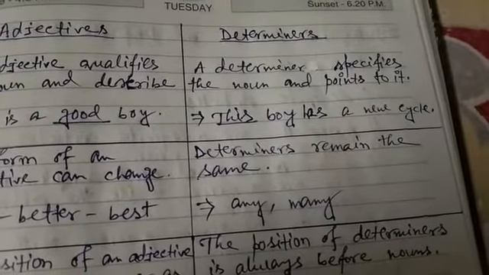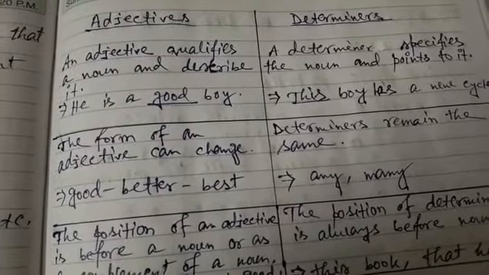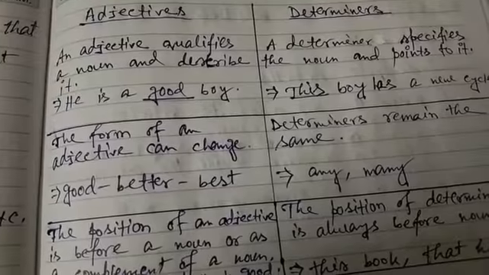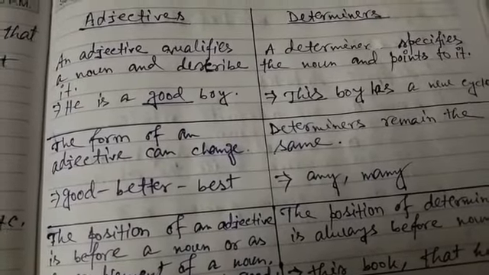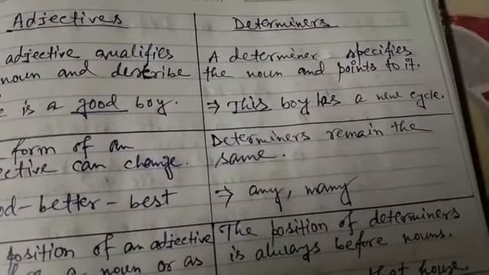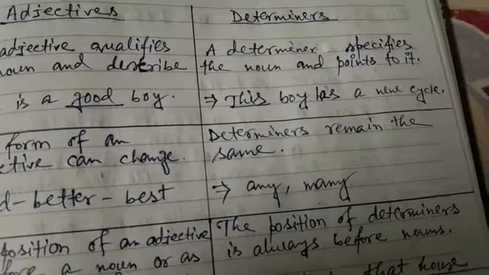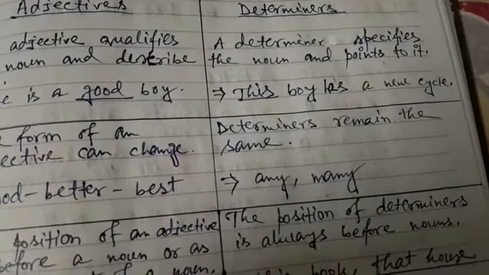Example: this boy has a new cycle. The form of an adjective can change, like good, better, best. Determiners remain the same, like any, many.